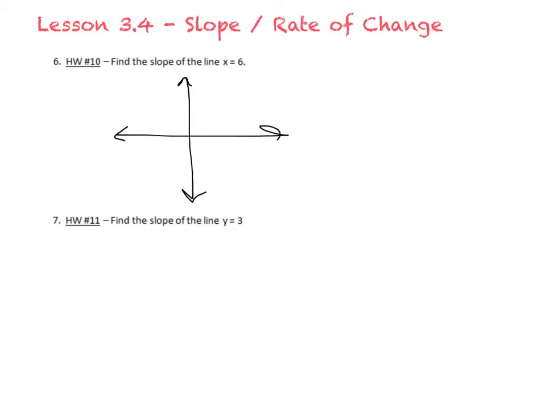I'm going to draw one here, and we go ahead and draw one on here as well. So, find the slope of the line x equals 6. Now, we've talked about this several times in notes and several times in class. My question for you is, what is not in that problem that is in typically most problems?